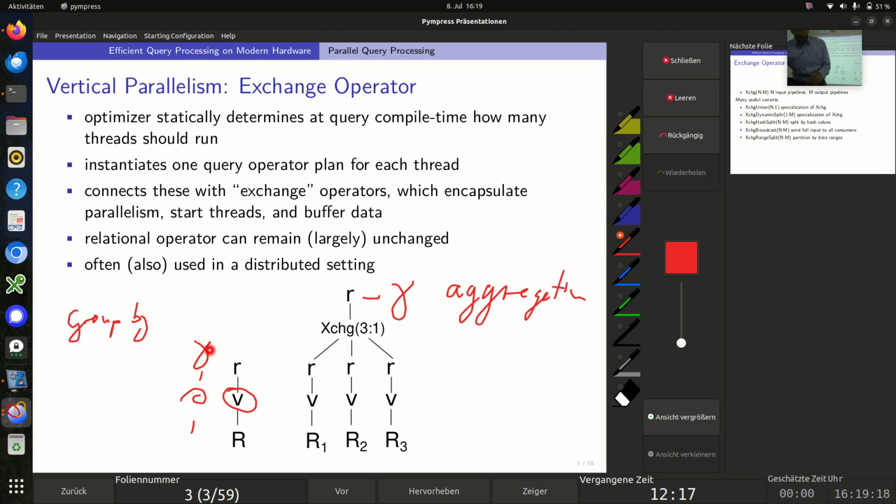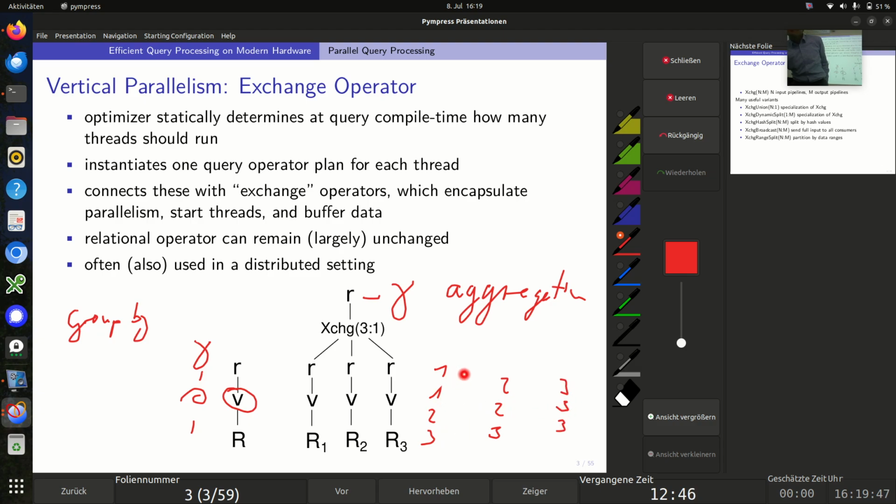So this means we have an aggregation, and if we have multiple keys, we first execute it in parallel for each key. For example, we have one relation with keys 1, 2, 3, and then another with a lot of 2s and a lot of 3s.